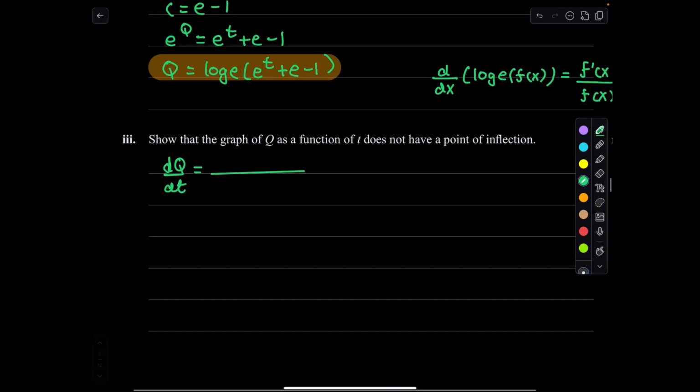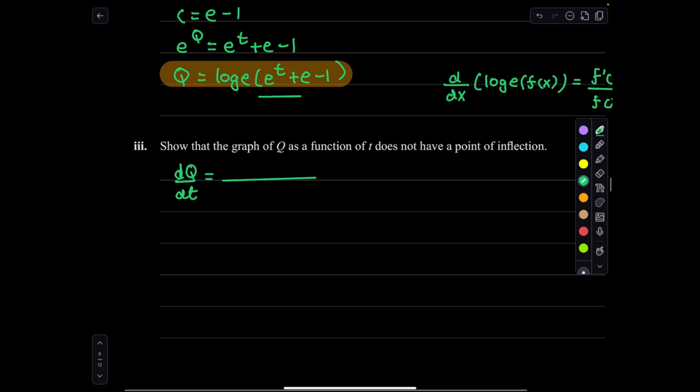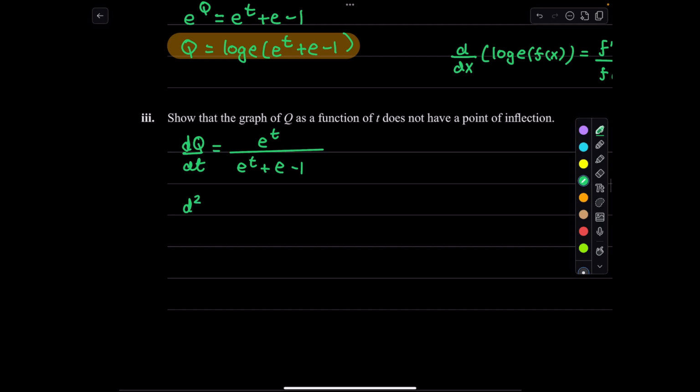So this is what I'm going to do. I'm going to basically derive the inside, which is just e^t, because remember these are constants, and then rewrite the bottom part here. So this is the first derivative, and then I'm going to find the double derivative. So derive it again. d2q/dt^2 is equal to, and because two things are divided, we're going to be using the quotient rule, where this is u and this is v.